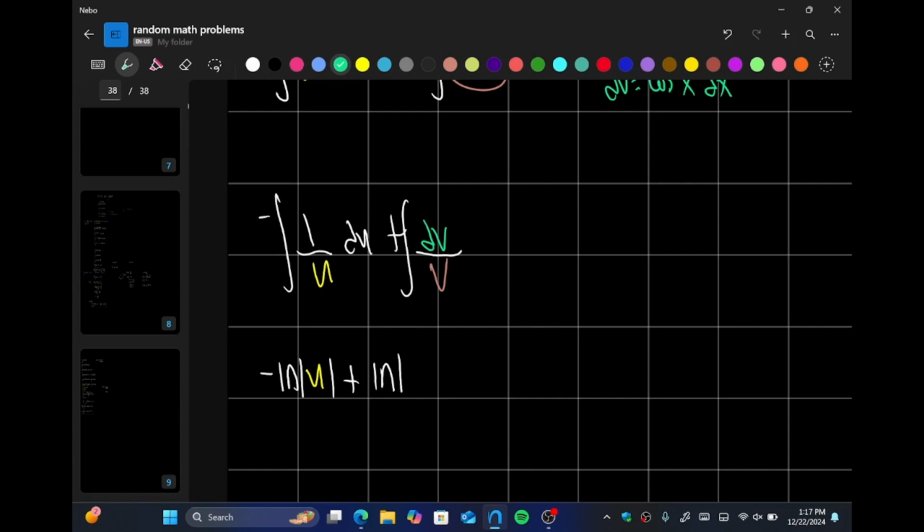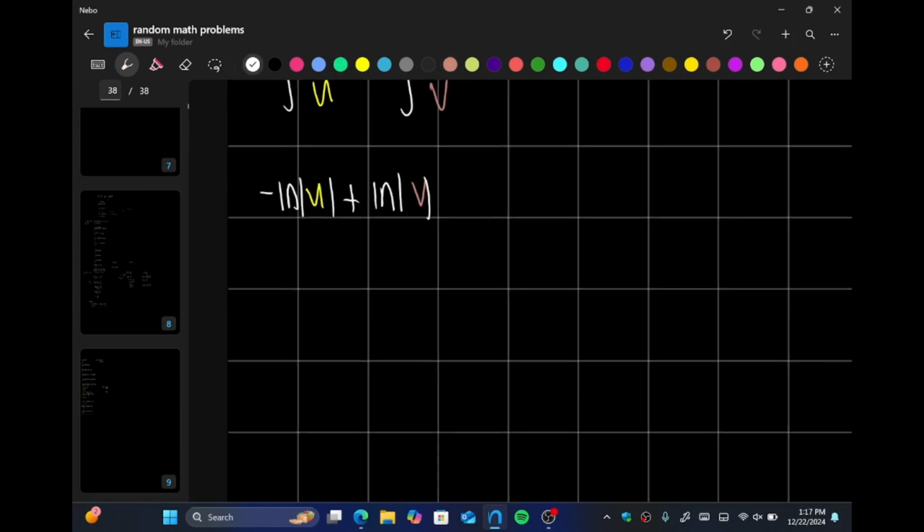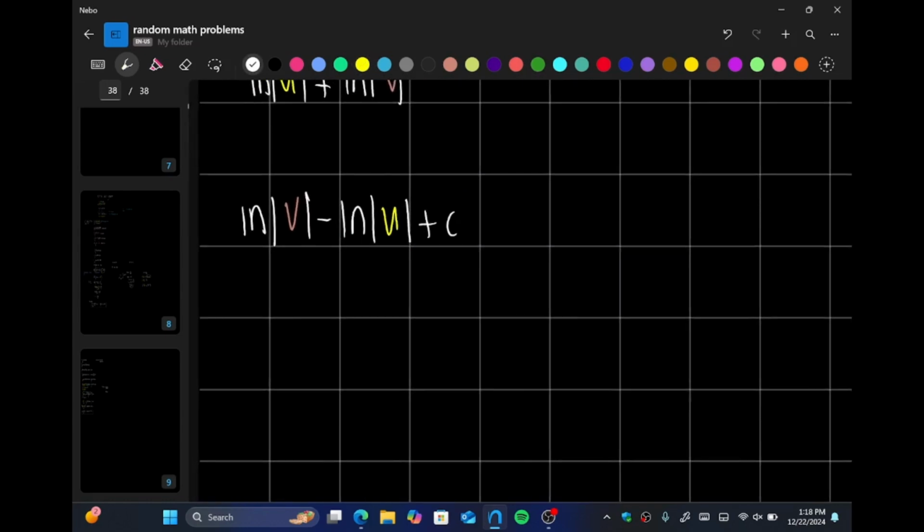If you use properties of exponents, you get ln of absolute value of v minus ln of absolute value of u, and of course plus constant of integration c. Here's the thing, guys.